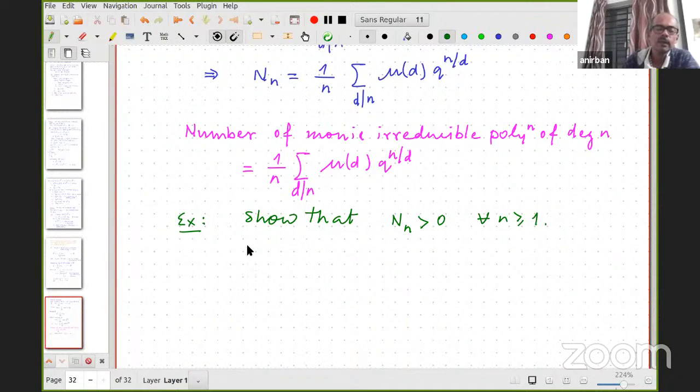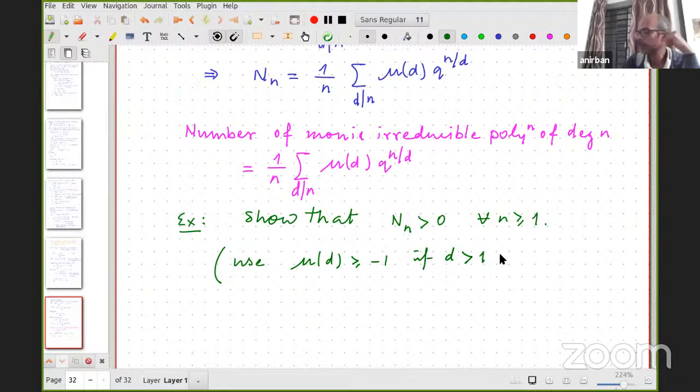In fact, what you simply need to do is to observe that mu d is always greater than or equal to -1. It can never be smaller than -1 if d is strictly bigger than 1, and of course at 1 it is 1.